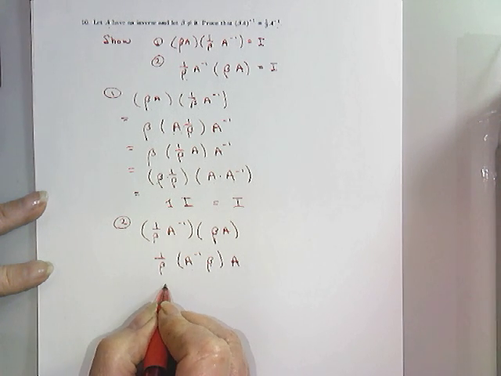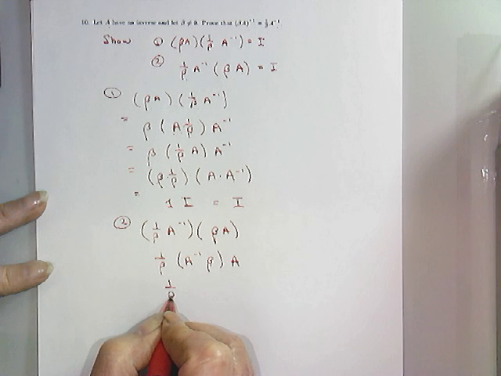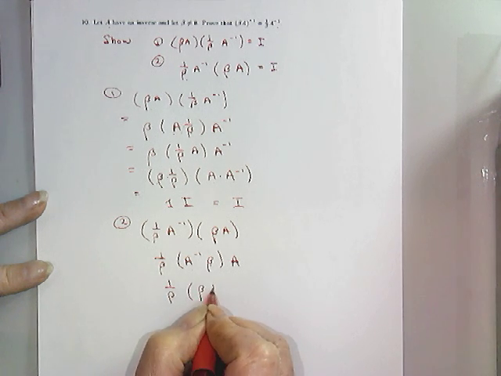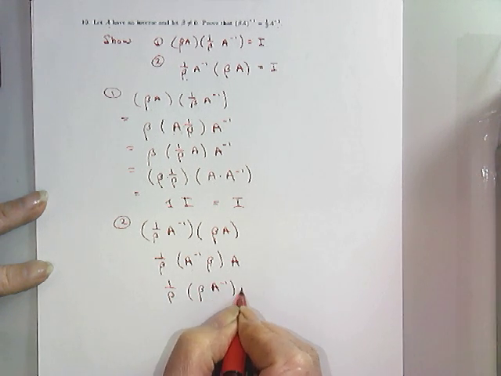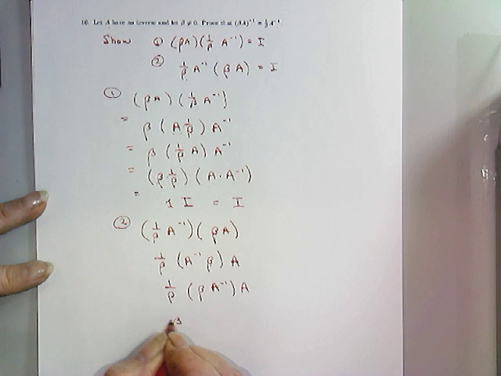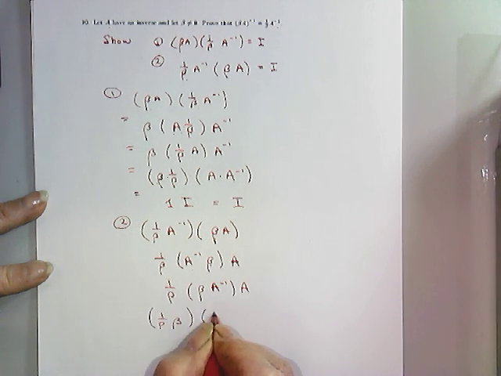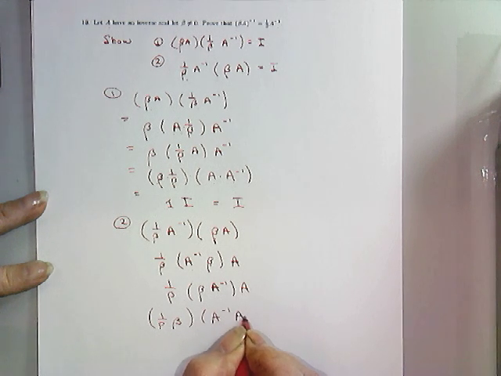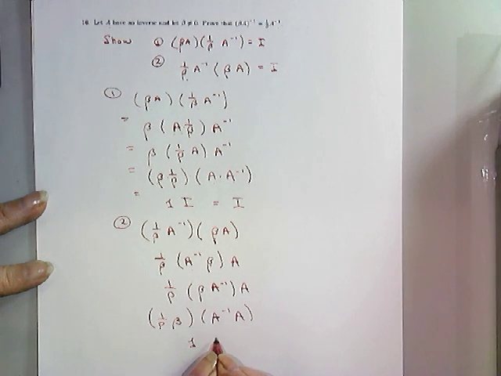So this is equal to 1 over beta times beta times A inverse times A, or 1 times the identity, which is equal to the identity.